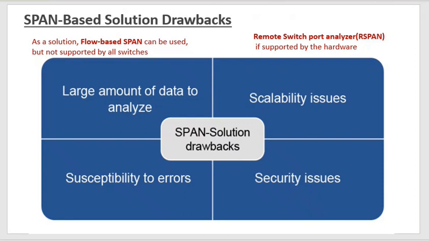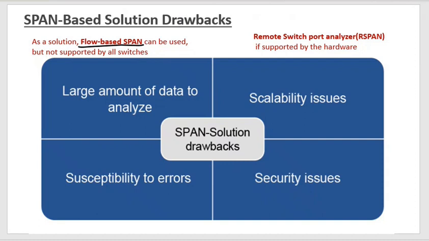Scalability issue. Susceptibility to errors. So more errors are there, and security issue. Right, as being a broadcaster. So with large amount of data to analyze, one of the basic solutions to that is flow-based SPAN. Flow-based SPAN uses the concept of quality of service.